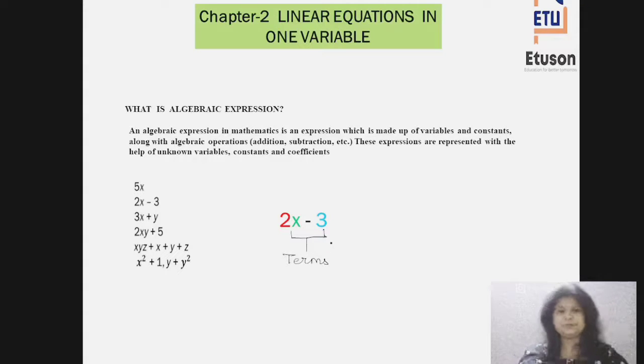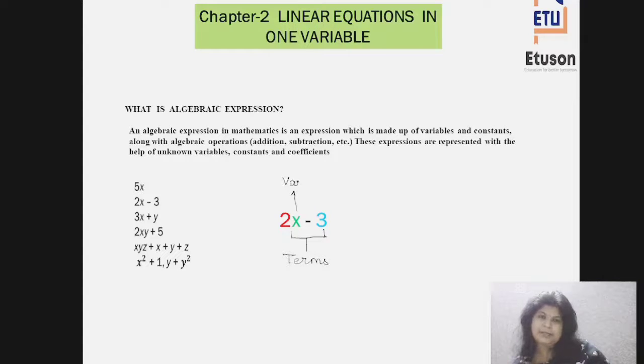Correct or not? Okay. Now what is the variable here in this expression? So your variable is x. Correct? Right? So the number which is multiplied to your variable is nothing but your coefficient.